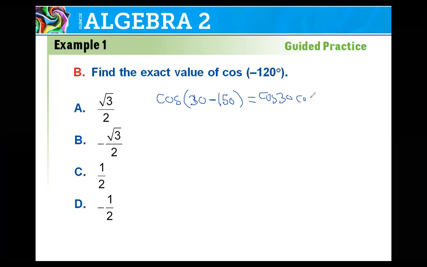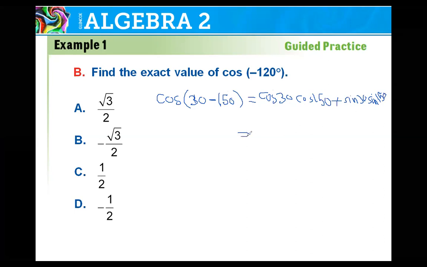Yes, cosine 150. This is minus, so it becomes here plus. Excellent. And then sine 30 multiplied by sine 150. We get the result now, and then we get the answer.